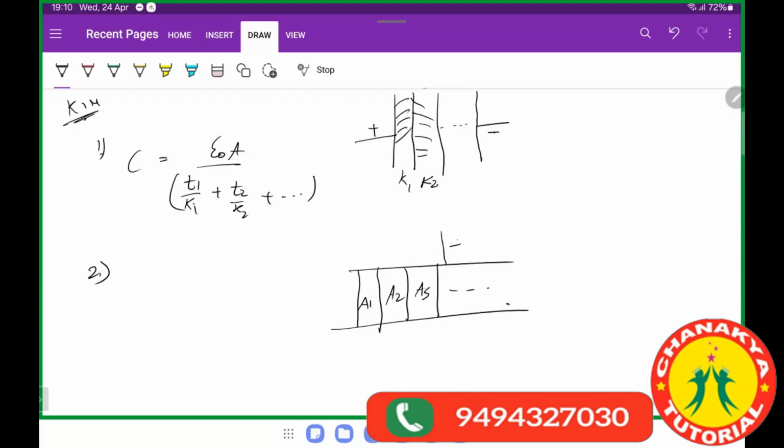This is your plus, this is your minus. This is your D. So the formula will become epsilon naught by D, then K1 A1 plus, it will be different, right? K2 A2 and so on.